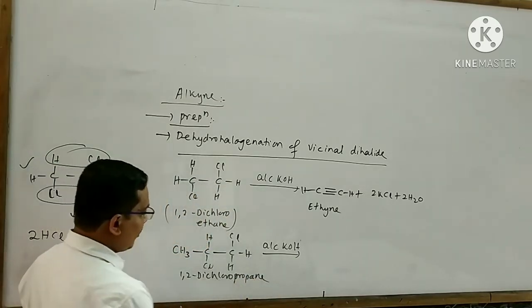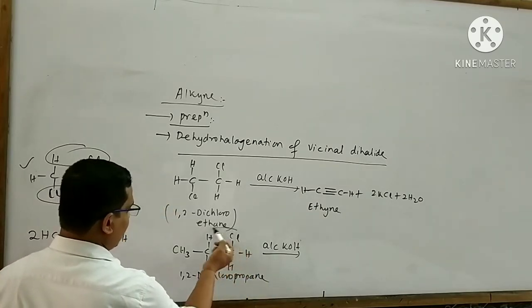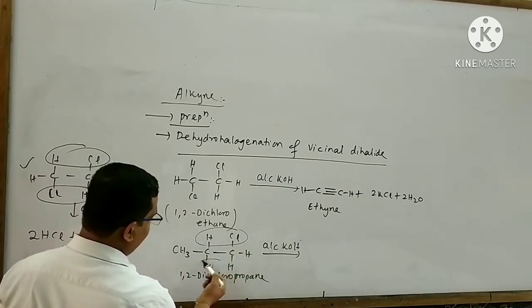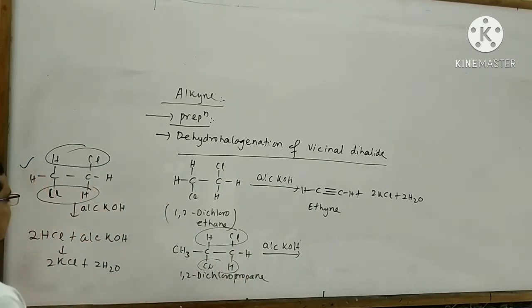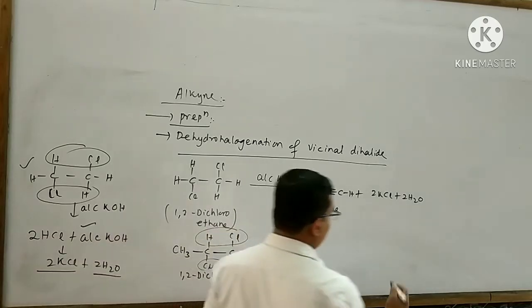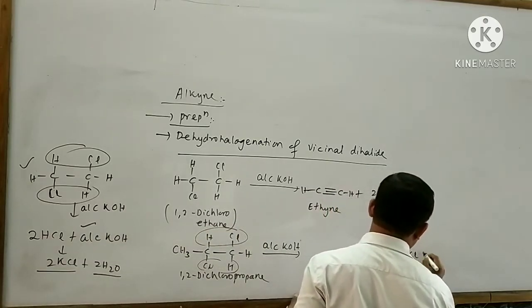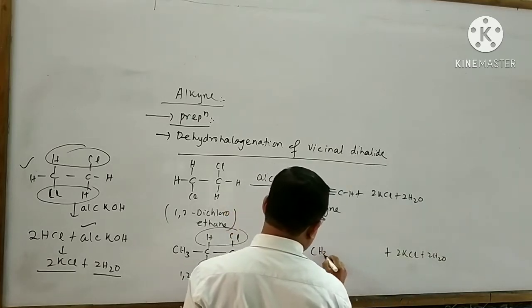When 1,2-dichloropropane is subjected to reaction with alkali KOH, here two molecules of HCl are removed, and these two molecules of HCl react with the alkali KOH, giving 2 KCl and 2 water. Here also I can write 2 KCl and 2 water. The remaining part is written like this.